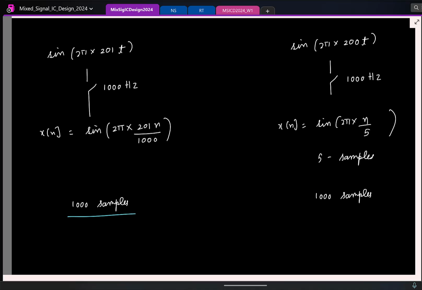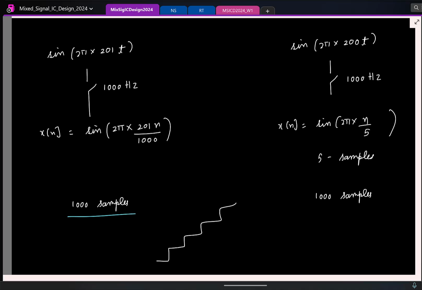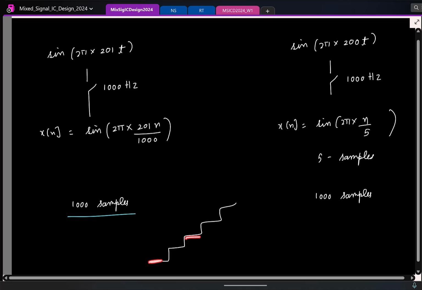Only 5 are distinct, right? So essentially, if this was the quantizer characteristic, in the first case I was exercising all possible levels of the quantizer. In the second case, I had only 5 unique amplitudes that were getting quantized. So I was probably exciting 2 or 3 of these levels. Okay. So that's the difference.